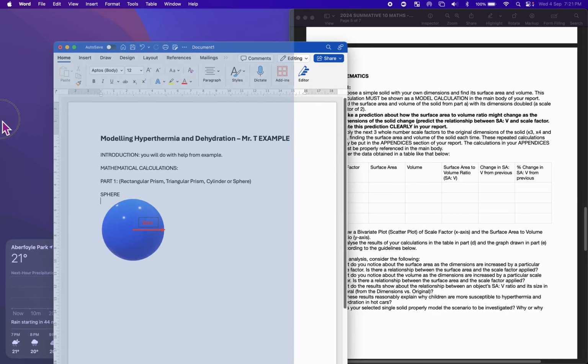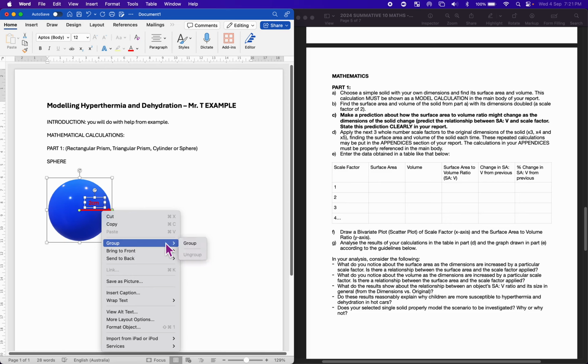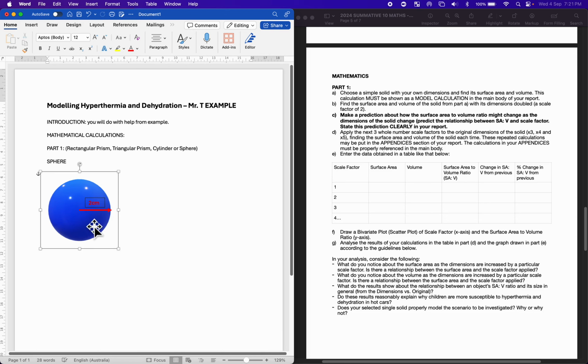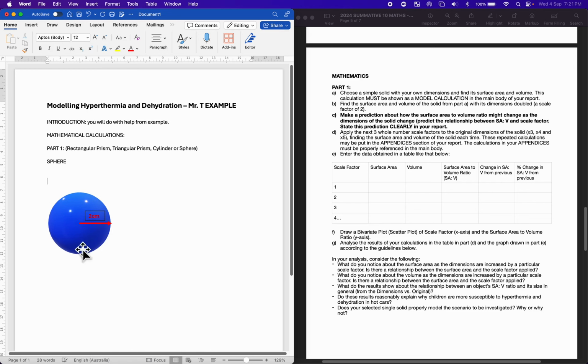So what are you supposed to do? Do a model calculation for the surface area and group these. Wrap text. Can't seem to wrap the text.